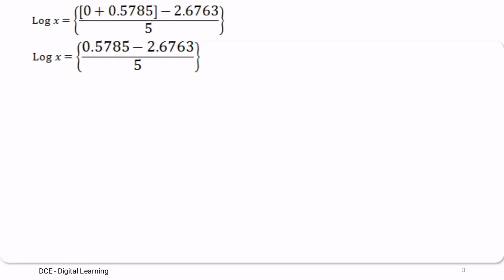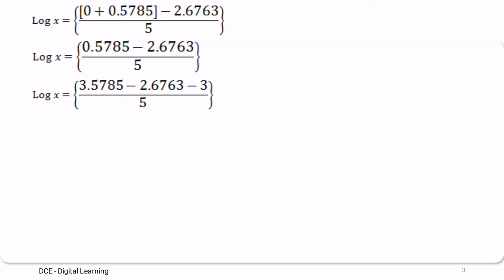So dear students, 0.5785 minus 2.6763 is not possible because the number is less. 2.6763 is more than 0.5785. This cannot be; 2.6763 cannot be deducted from 0.5785. So what I will do is add a value of 3 to 0.5785.